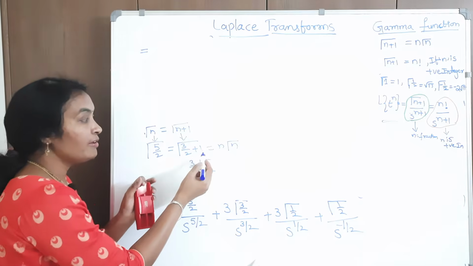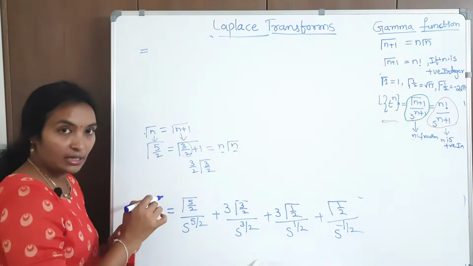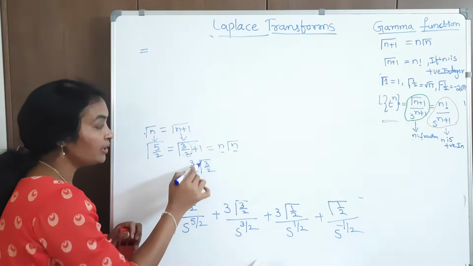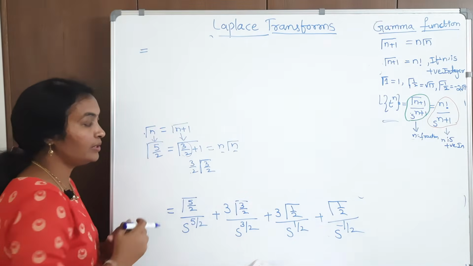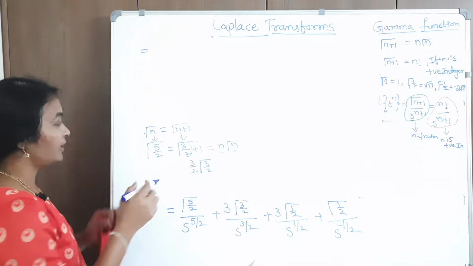See, gamma of n plus 1 is nothing but n into gamma n. Here n is 3 by 2. So I wrote 3 by 2 into gamma of 3 by 2. Is it clear? Fine. Now how do I simplify this 5 by 2?